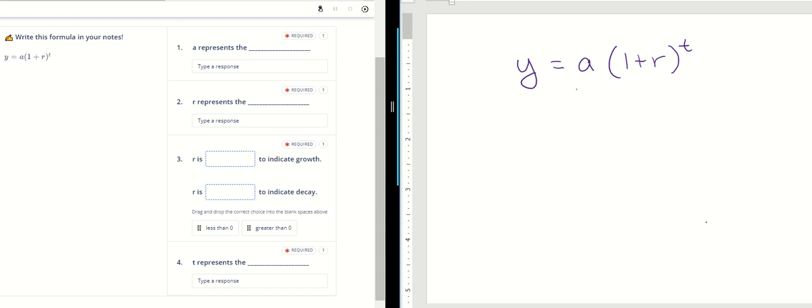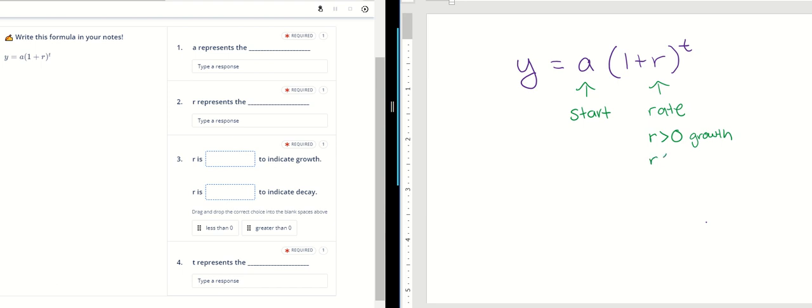So a represents your starting amount. Whatever it is that you are going to be starting with goes there. Your r represents the rate of either growth or decay. So if your r value is bigger than 0, it means that there is growth because you are adding more than 0 to whatever you're starting with.